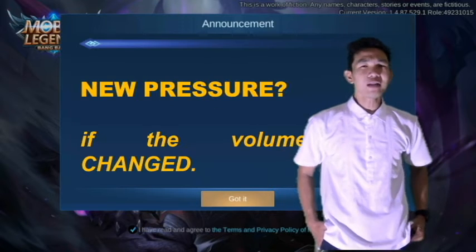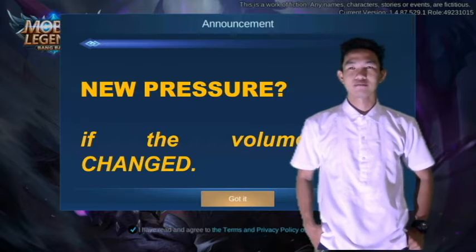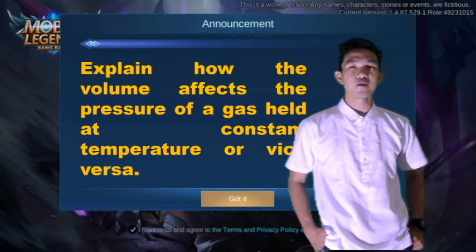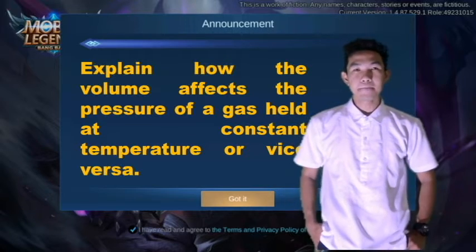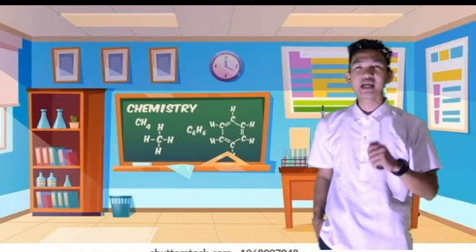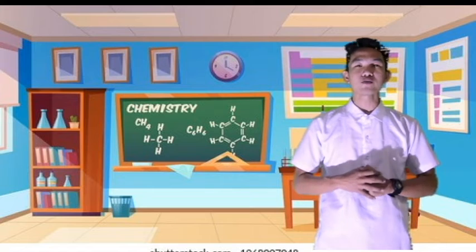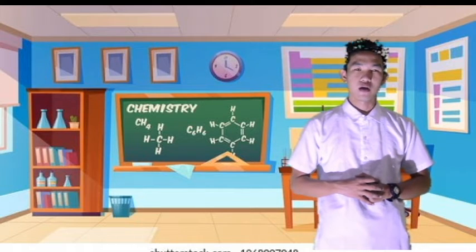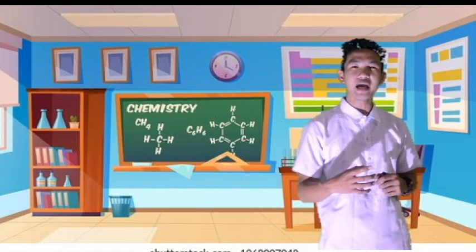But what happens to the pressure when the volume changes? Can you explain how the volume affects the pressure of a gas held at a constant temperature? As the pressure is applied, the same number of gas molecules are squeezed into smaller volumes. Yes, I know you are thinking.